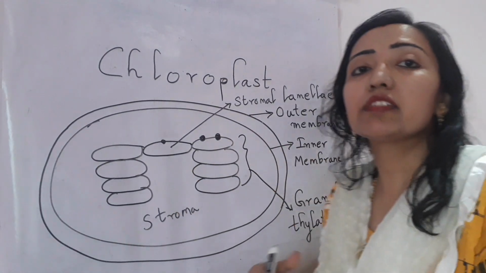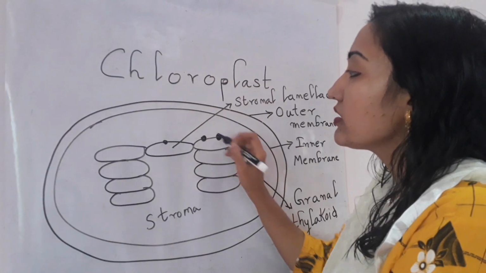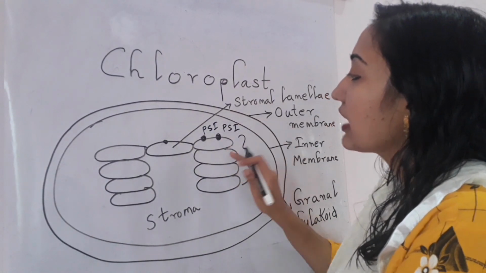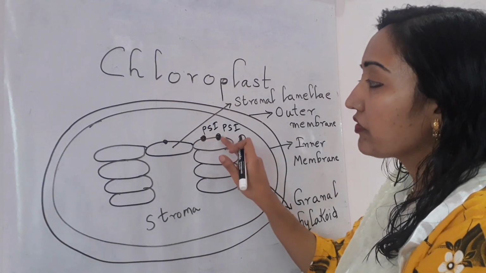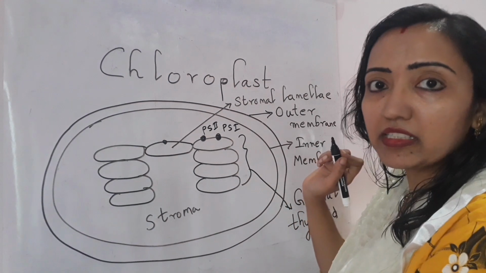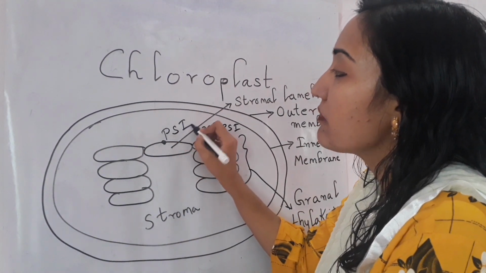So in the last class we have studied photosystem. Photosystem 2 and photosystem 1 are present on the membrane of the granum thylakoid. But in the stromal lamella, we can see only photosystem 1.